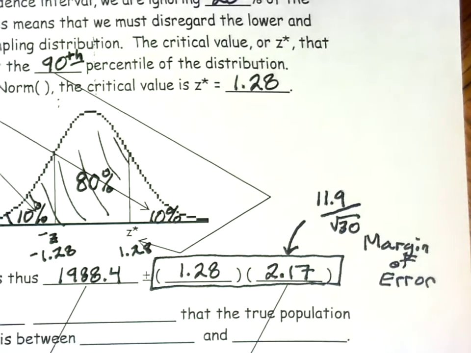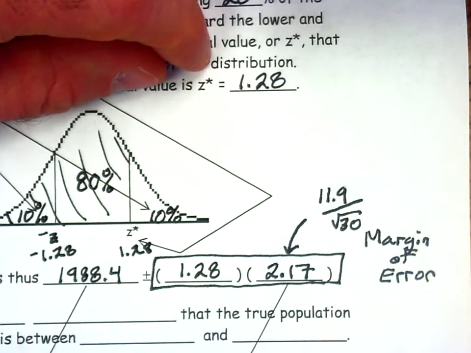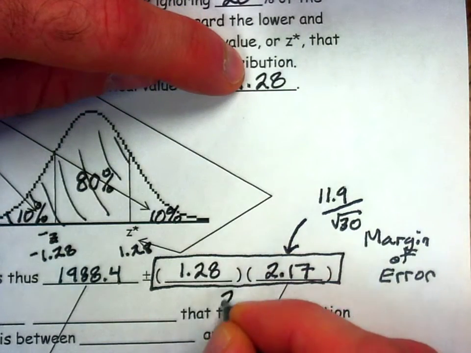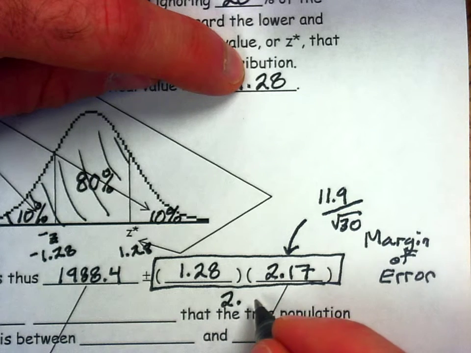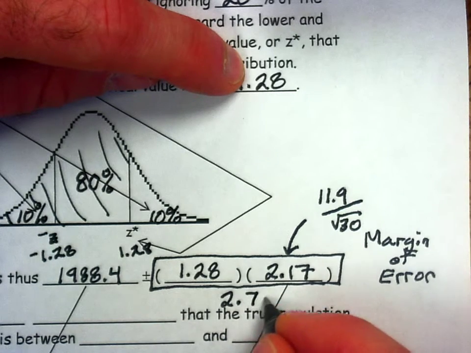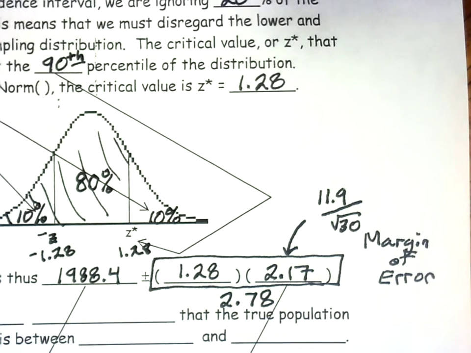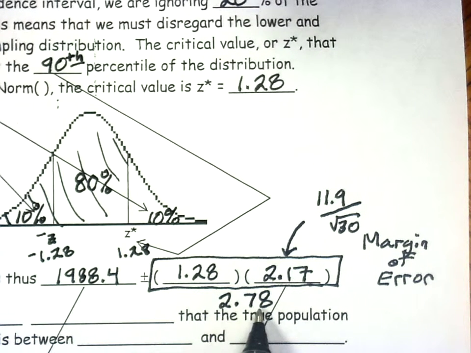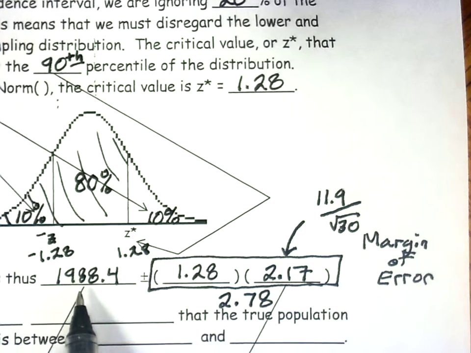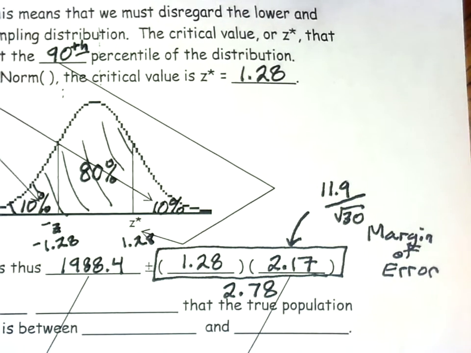So we have a margin of error of about 2.78. That 2.78 is 1.28 of these standard deviations, which is how many I'm going to add and subtract to my sample mean in order to build the upper and the lower boundary of this confidence interval.